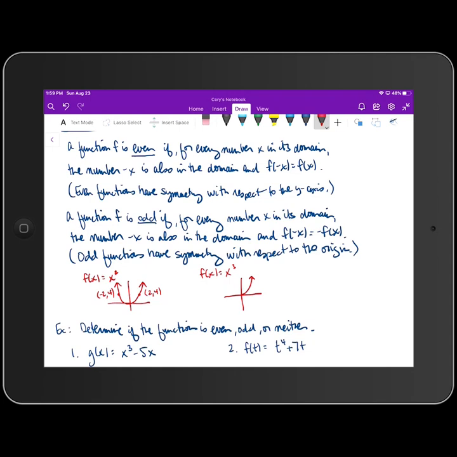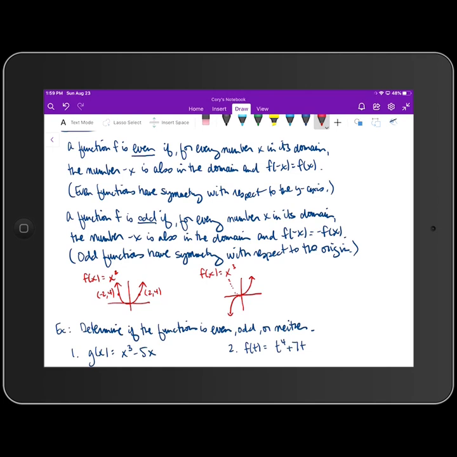Now, when we say that odd functions have symmetry with respect to the origin, what that means is if you were to take that part of the graph in quadrant 1 and do a y-axis reflection, which would dash in this part of the graph here, and then do an x-axis reflection, that's going to be the image for the rest of that graph. So if a graph has origin symmetry, when you reflect a portion across the y-axis, then reflect it across the x-axis, you should get an equal image.